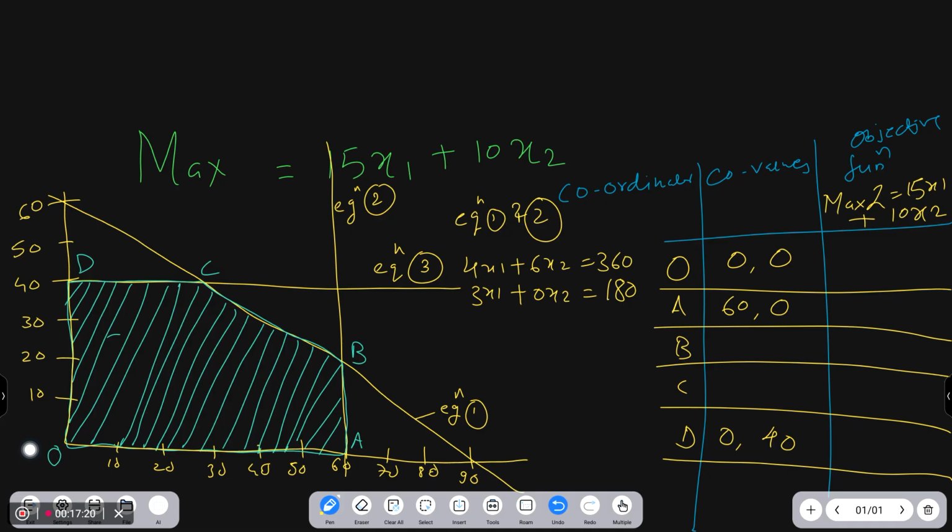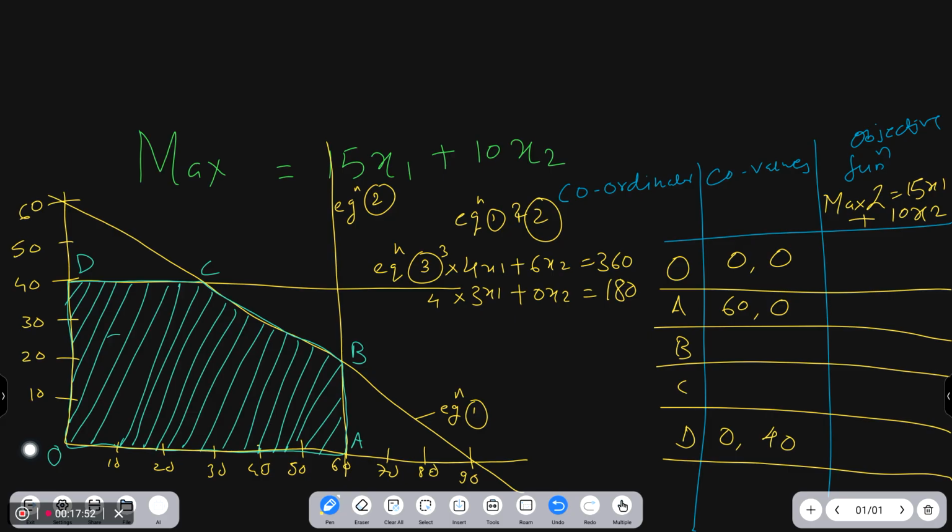Now there are no similar terms. How do you solve the simultaneous equations? You have to make one term similar, then we can solve. Here 0 multiplied by anything becomes 0, so it's not possible to make the x2 term the same. So I can multiply this equation by 3 and the other equation by 4. Then the x1 term is going to be similar.